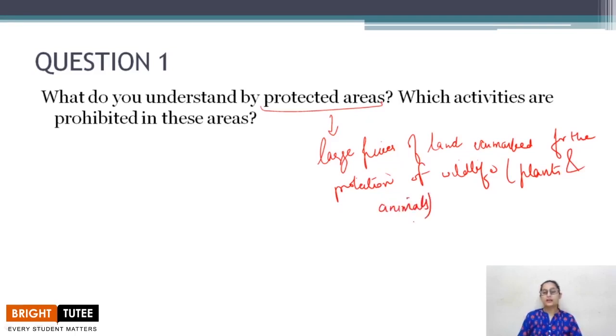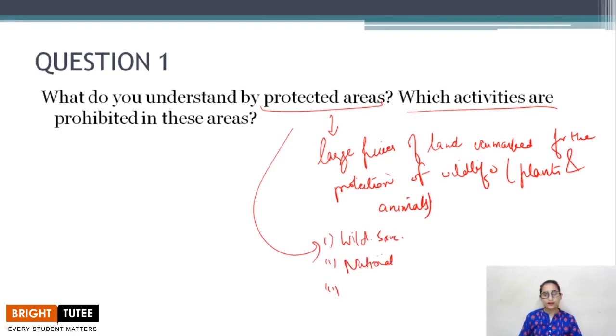Right? Now, which activities are prohibited? And you can also say that there are three kinds: first, second and third. First one being wildlife sanctuaries, second being national parks, and third being biosphere reserves.